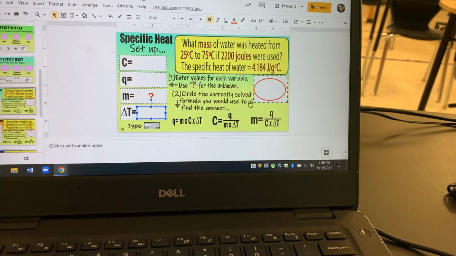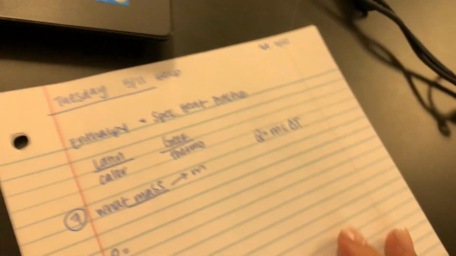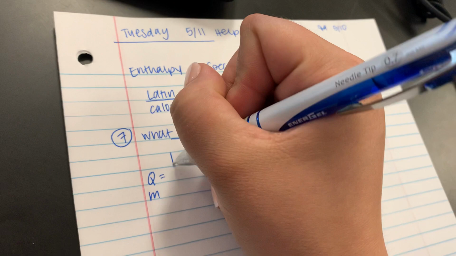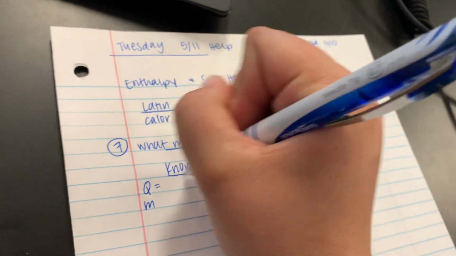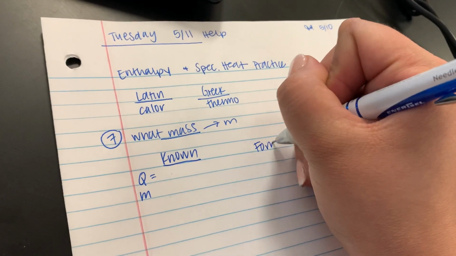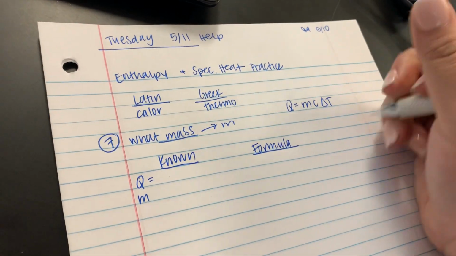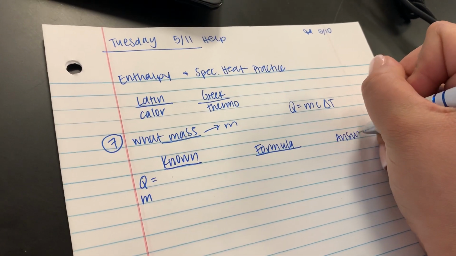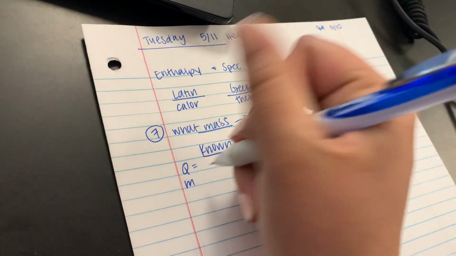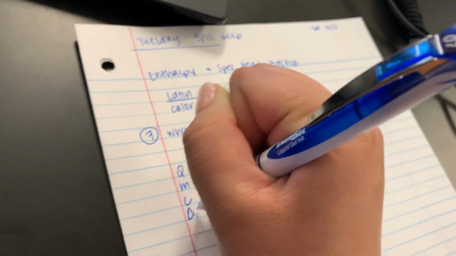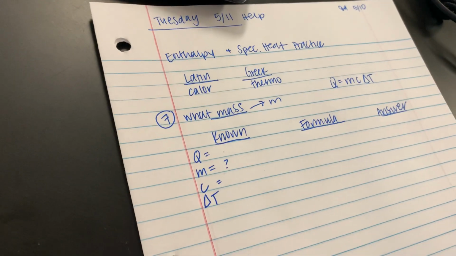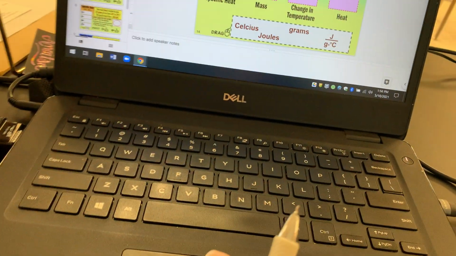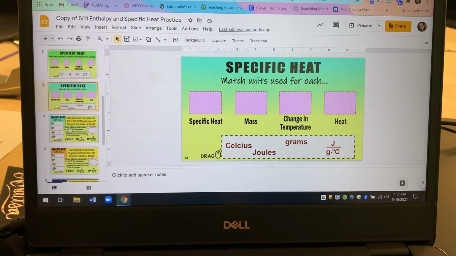Just like our practice, I recommend putting our knowns, what formula we are using, and then our answer. So we already know that this is a question mark, c and delta T. So how do I know which is which? The units. So that's where this slide comes into play. That's why you need to do this correctly.